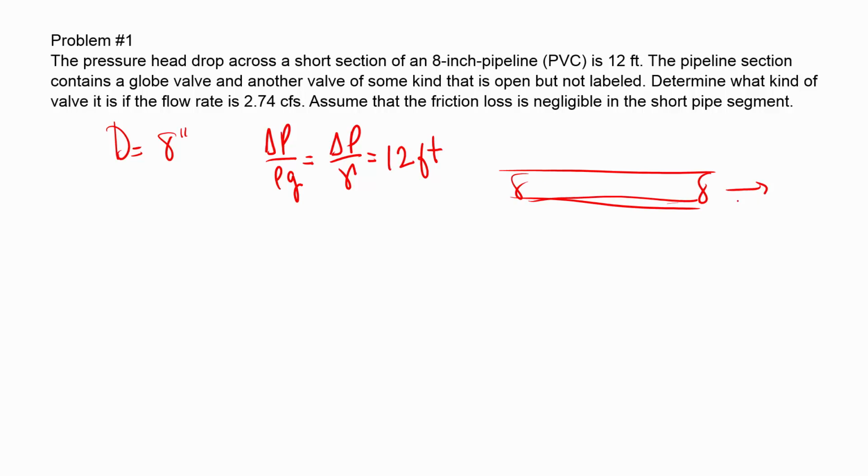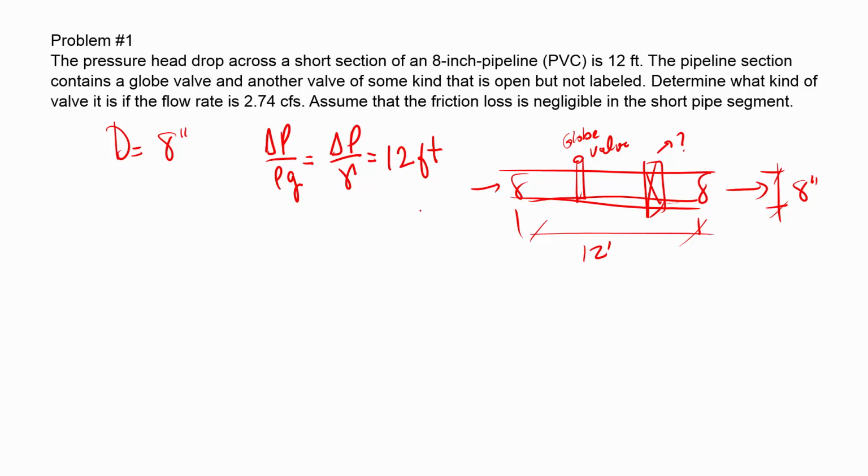The pipe section is like this, so we have 8 inches. And it says that it has a globe valve and it has another valve that we don't know what it is.